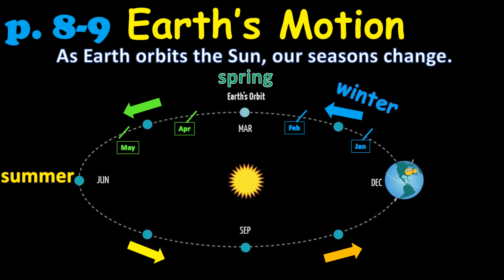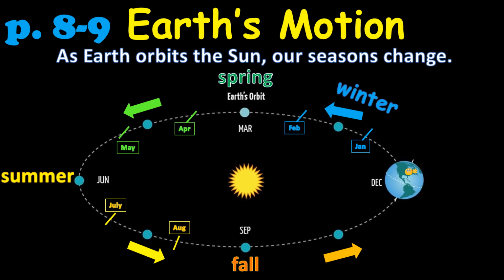That's officially when summer is going to begin. So our summer begins in June, and then we have 3 months there: June, July, and August, until temperatures begin to slowly drop because it's going to start getting cooler, because we're now directly across from the sun, and our days are going to get shorter.